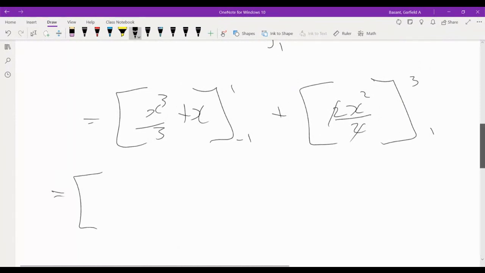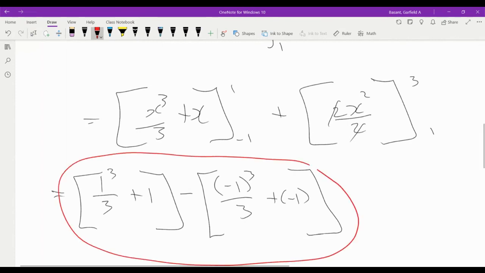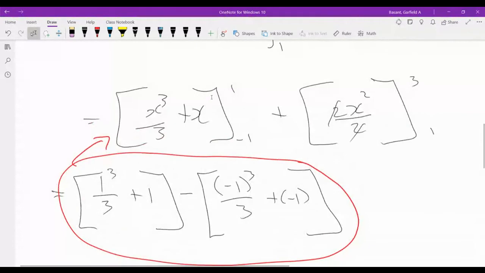So this is all plugging in at this stage. 1 to the third over 3 plus 1, minus -1 to the third over 3 plus -1. All of this is for the first piece, where we're plugging in 1 and -1. Now we do the same thing with the x squared.